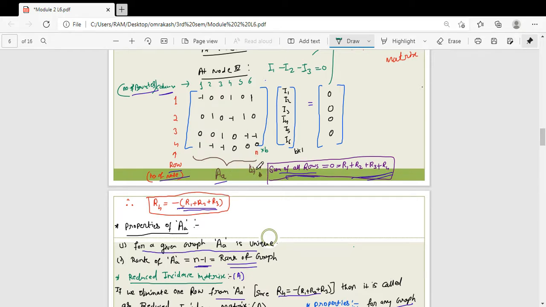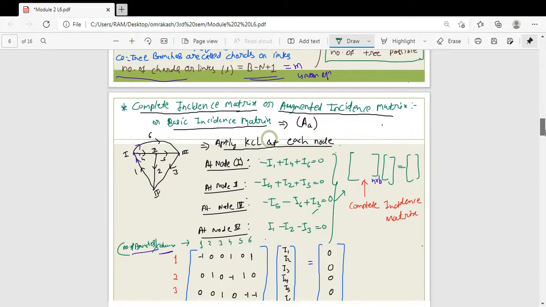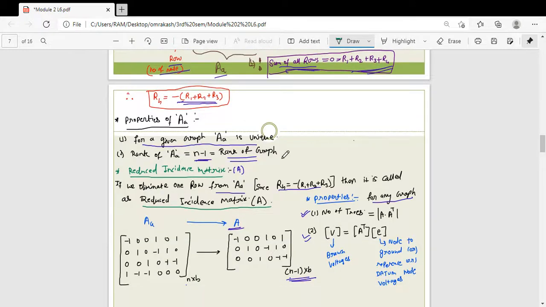That matrix is called a reduced incident matrix. See here how to reduce it. Simple, by putting r4 equal to minus of the sum of the three rows. Now, what is a property of this augmented incident matrix AA?